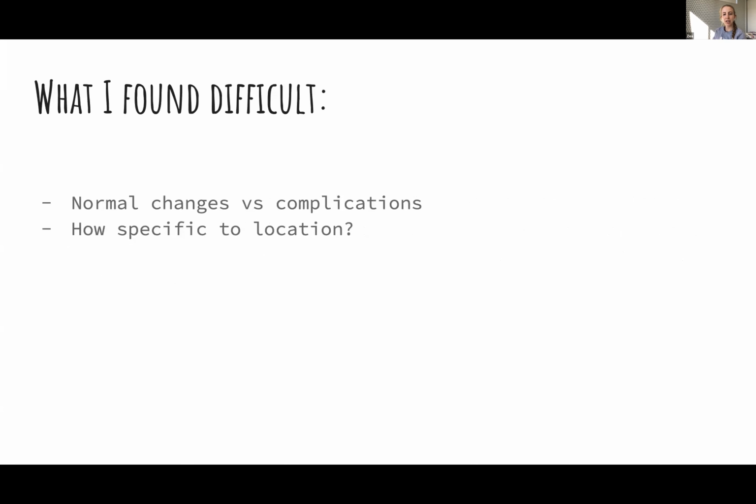And with this question, I found 2 things kind of difficult when I was answering it. I wasn't quite sure, when they were meaning what you would expect to find 6 months later, whether they were talking about normal changes or whether they were talking about complications that could occur following the plaque. And then how specific they were wanting you to be to the location.